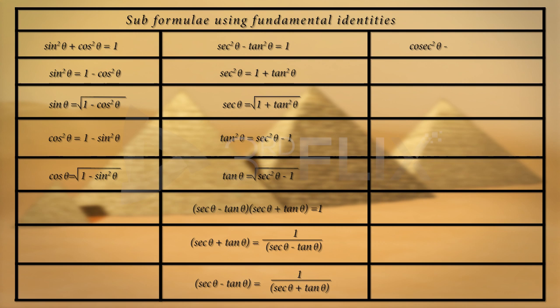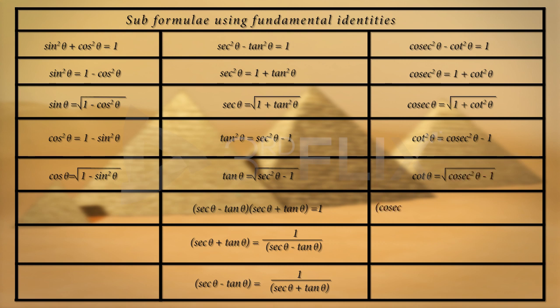Cosec square theta minus cot square theta equals 1. Cosec square theta equals 1 plus cot square theta. Cosec theta equals root of 1 plus cot square theta. Cot square theta equals cosec square theta minus 1. Cot theta equals root of cosec square theta minus 1.